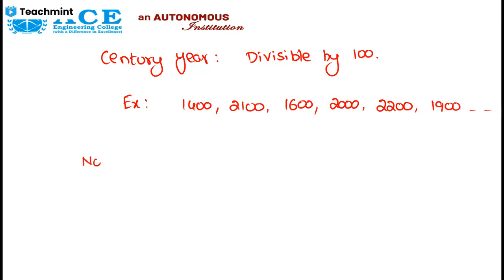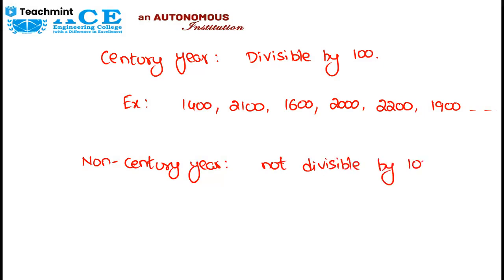What about a non-century year? A non-century year is one which is not divisible by 100. In simple terms, a year which is not divisible by 100.